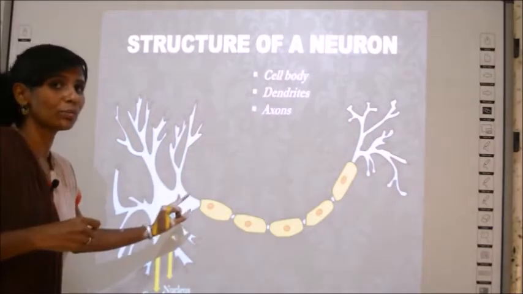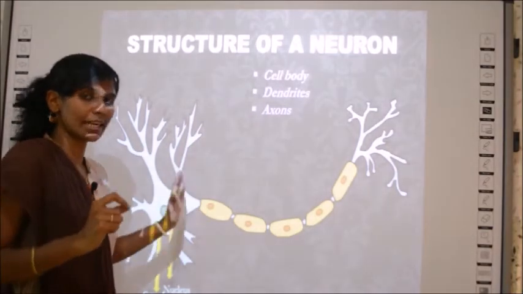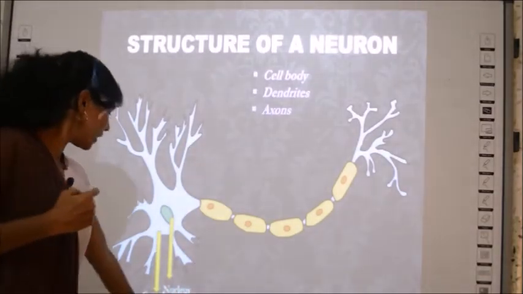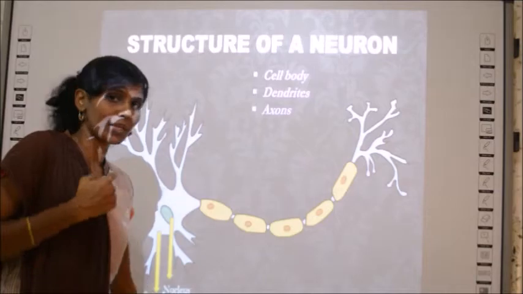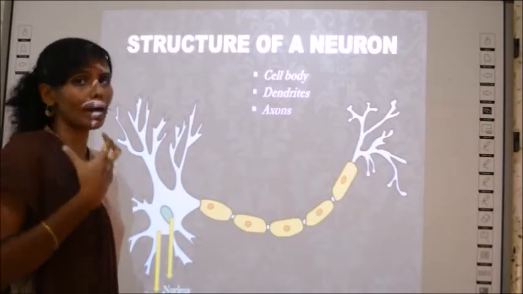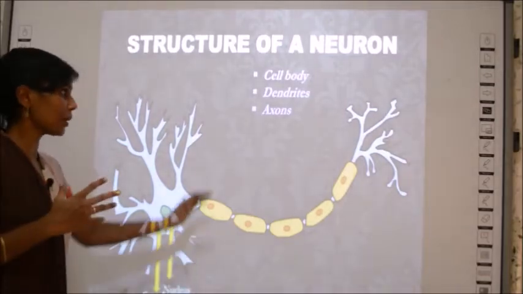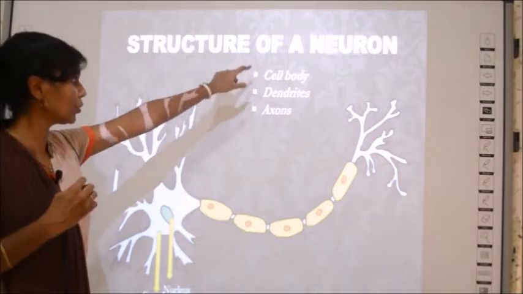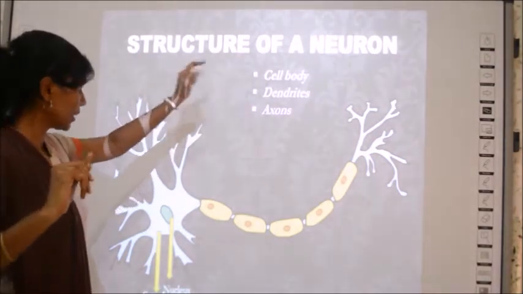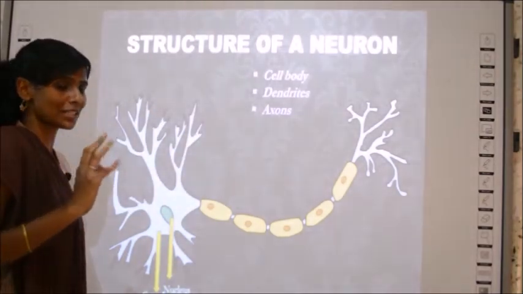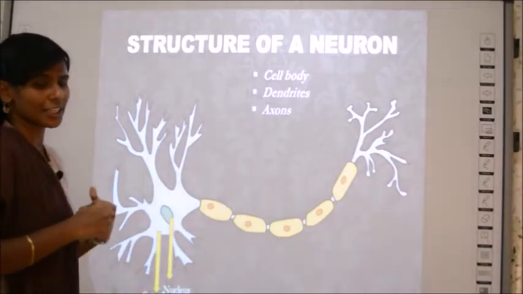So, nucleus plus cytoplasm is equal to cell body. This cell body has another name, called cyton. What is cyton? It is one more name given to the cell body. So, are you clear with the first part of the neuron? What was the first part? It is the cell body, right? So, remember as a formula, cell body is equal to nucleus plus cytoplasm.